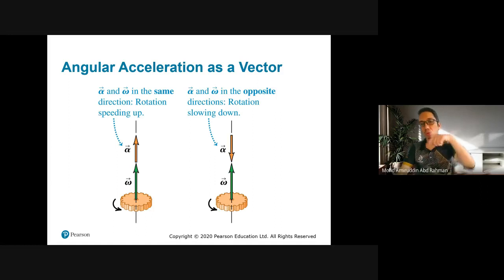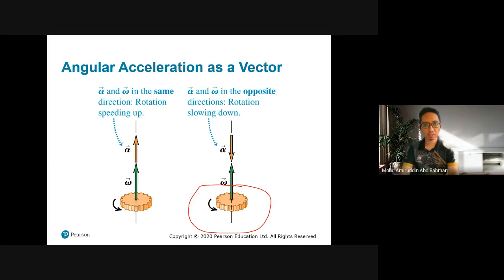Okay, so we have the rotated object, for example this one. Like in the picture, we have this object rotating counterclockwise, and then it slows down. When it slows down, the angular acceleration will be negative.